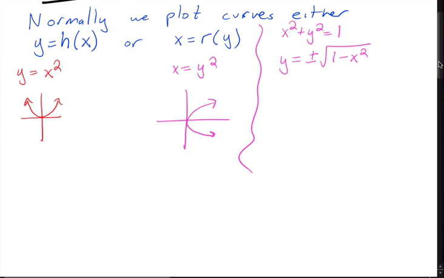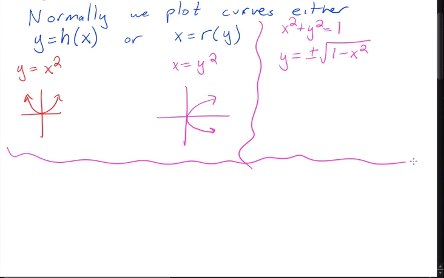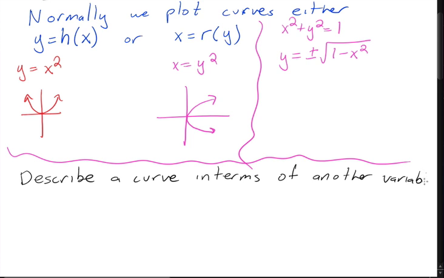You say, okay, what if you describe a curve in terms of another variable, and we're going to use t, the most common letter because you can think of it as time, but it doesn't have to be t, where both x and y are functions of t.